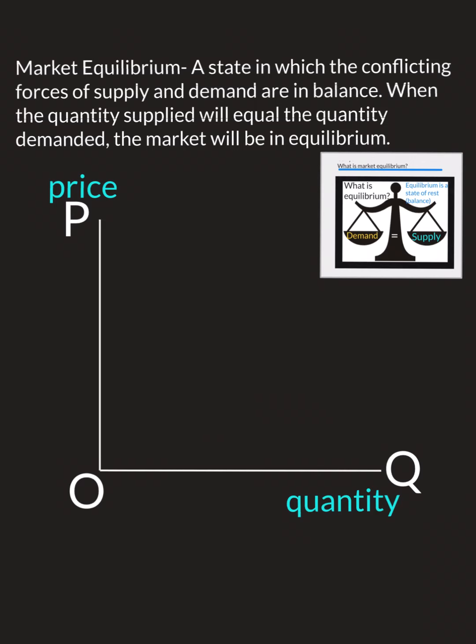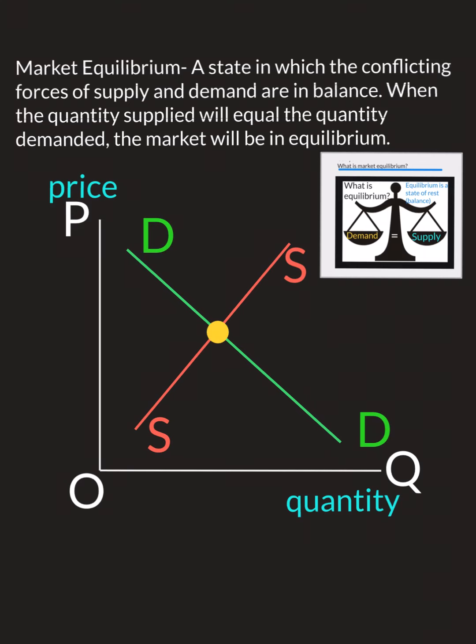Here we draw the demand curve. Demand curve goes in the downward direction and the supply curve goes upward. DD is the demand curve, S is the supply curve.